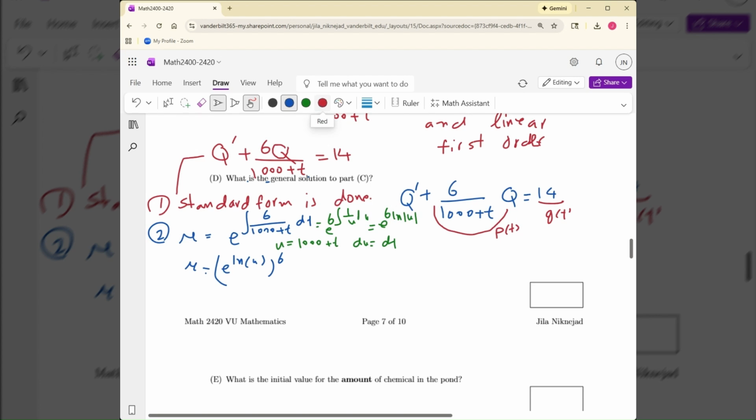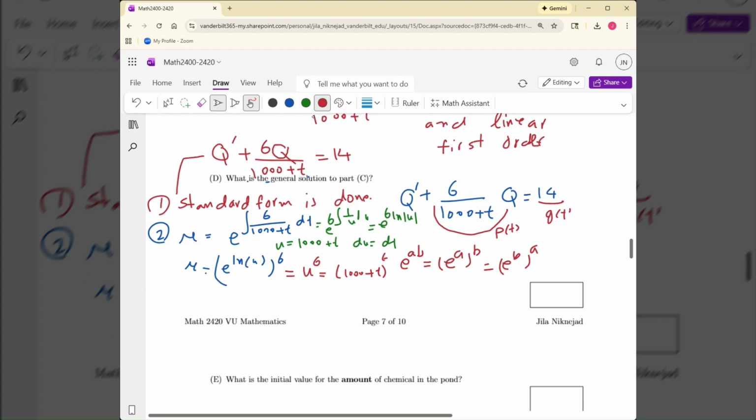This always comes up because when you have e to the power ab, you can write it as e to the power a to power b, or e to the power b to power a. That's an exponential rule. So here, e to the power ln of u is just u to power 6, which is 1000 plus t to power 6.